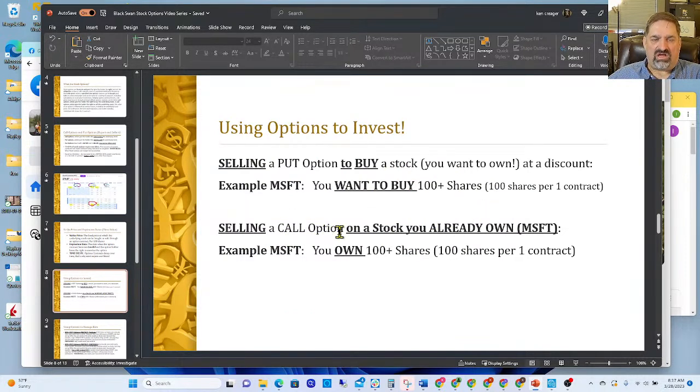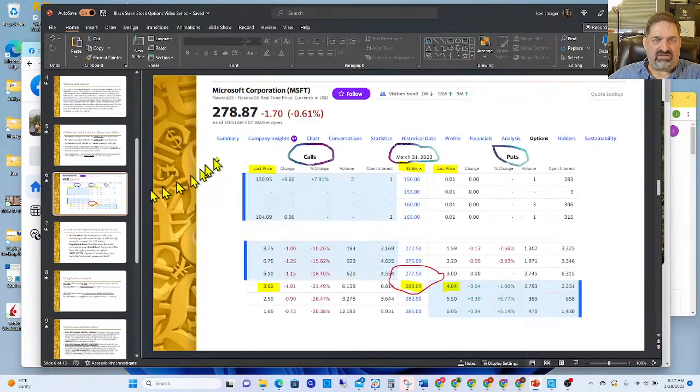Selling a call option on a stock you already own. So maybe I already own Microsoft. I own those 100 shares. Well, it's interesting, because I can sell this same call, this 280 call, and somebody's going to give me $3.69. And what'll happen on Friday, if it's over 280, my 100 shares will get called away.